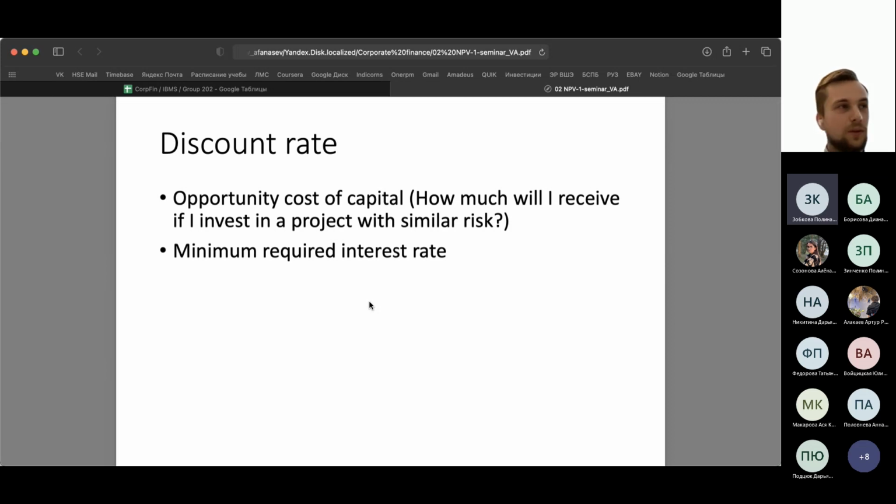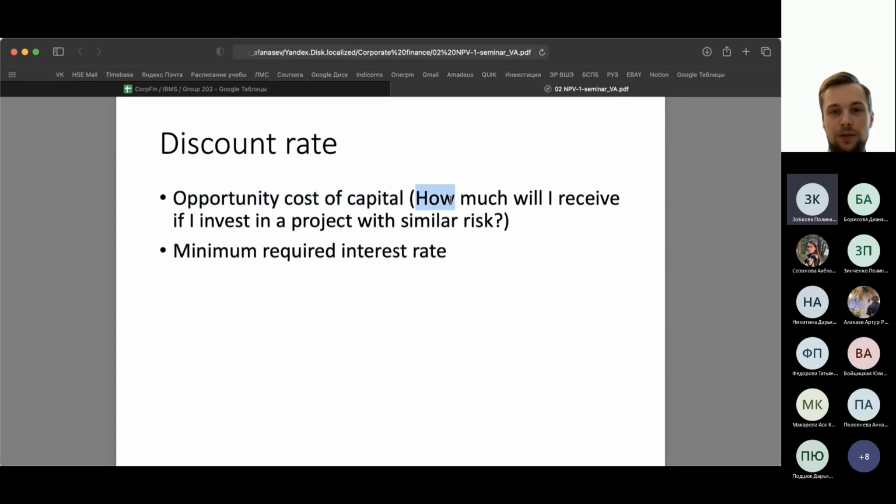For example, if we have some investment opportunity, our friend suggests we invest in his project. How should we estimate the discount rate for this project? If I'm not mistaken, we compare it with other similar projects that have the same risk. Yes, that is why this rate is also called the opportunity cost of capital.